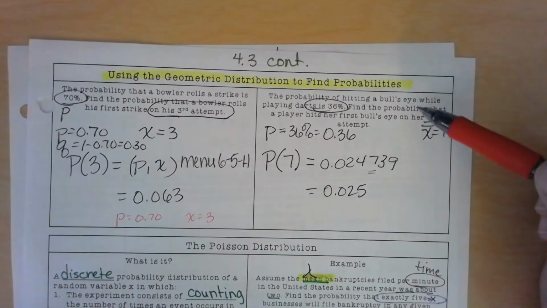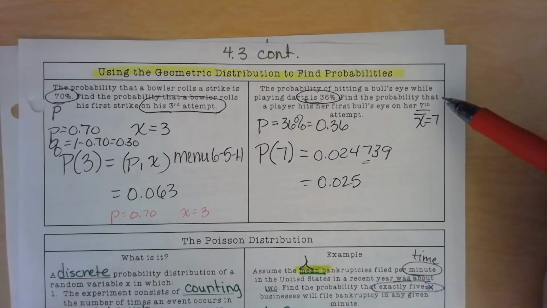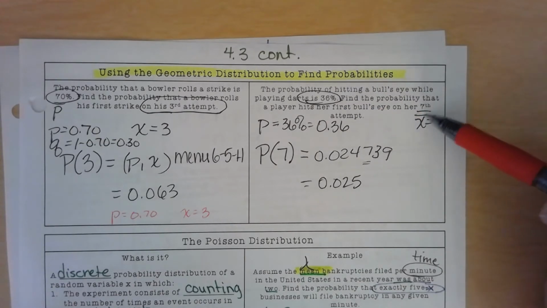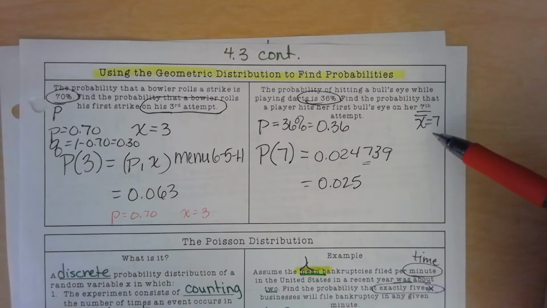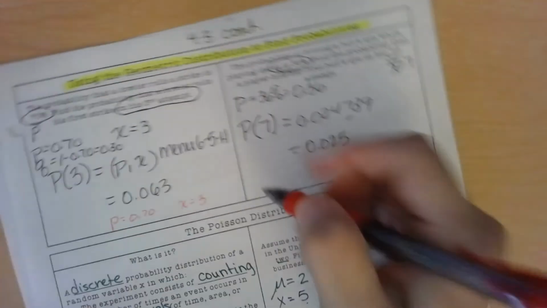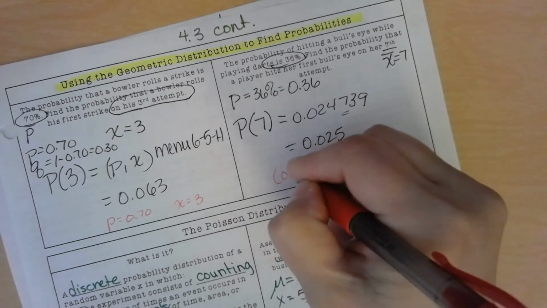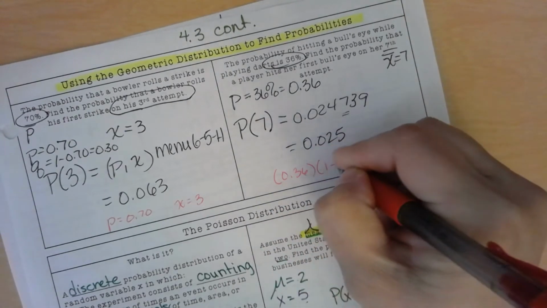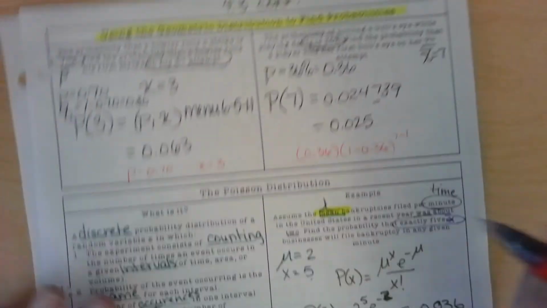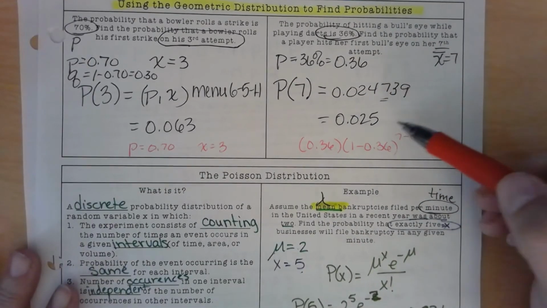Next, the probability of hitting a bullseye is 36%, and you want the probability it happens on your 7th attempt. Again, menu 6 5 H, or using the formula 0.36 times (1 minus 0.36) raised to 7 minus 1. Either one of those will give you the same answer of 0.025.